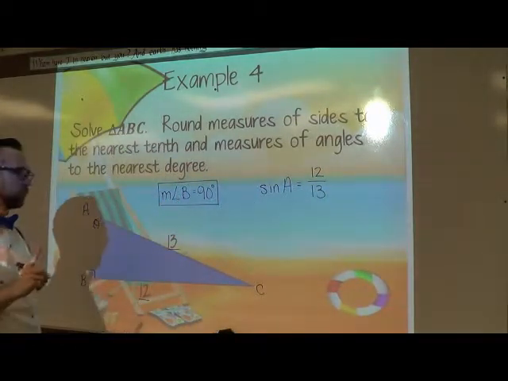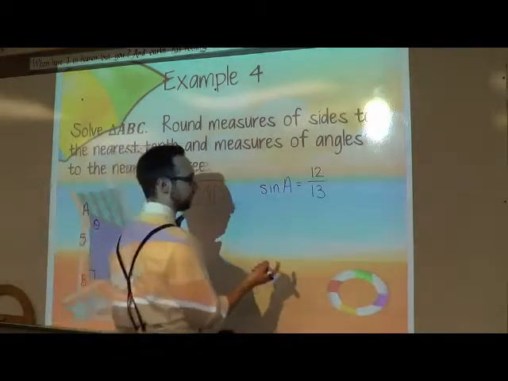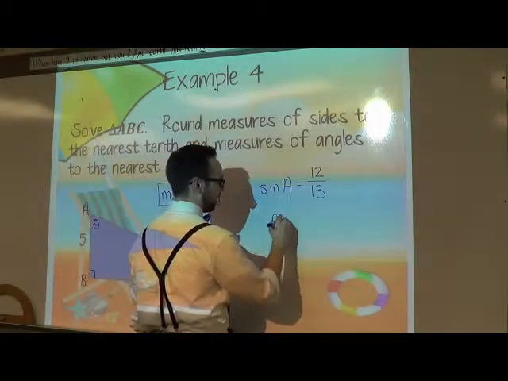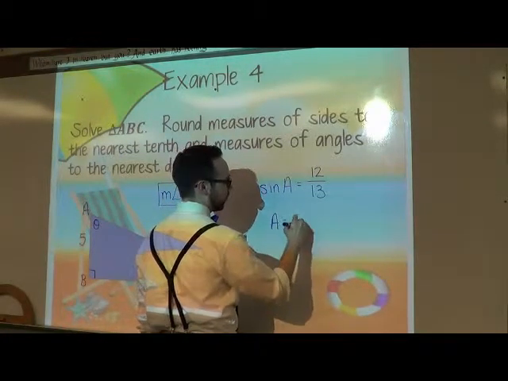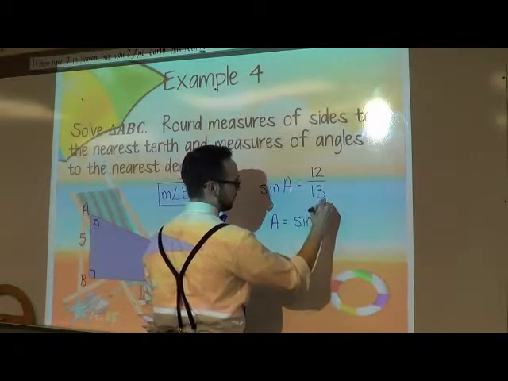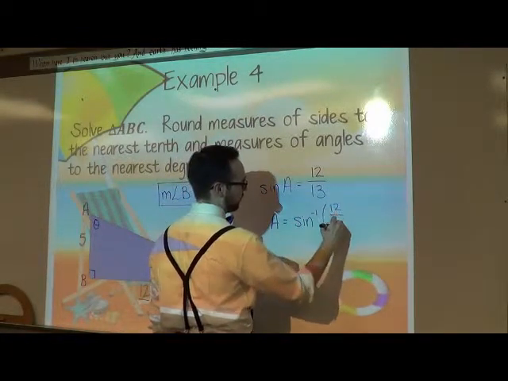Now here's where it gets a little tricky, because what we actually have to do to find this is say A is equal to the inverse sine of 12 over 13.